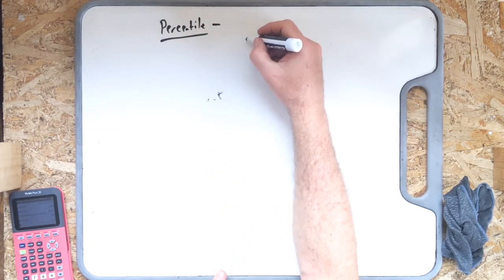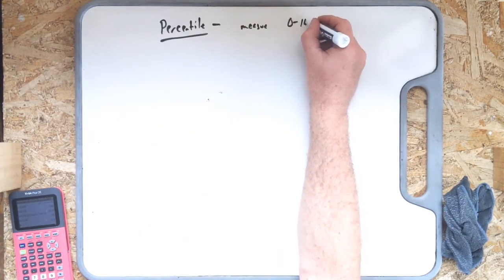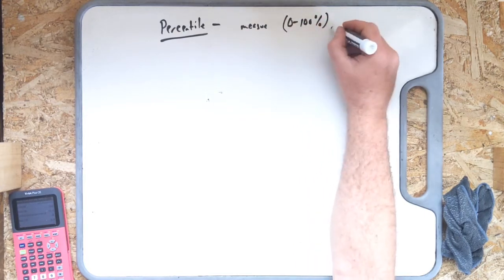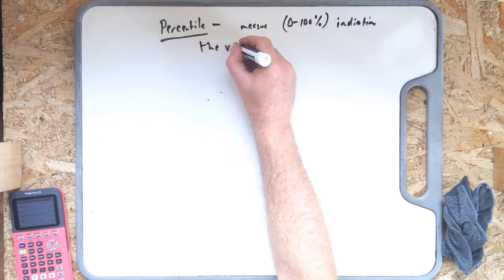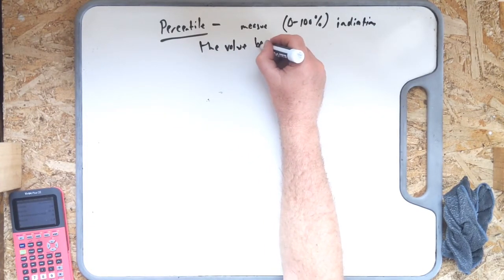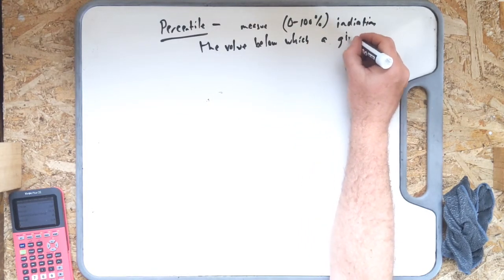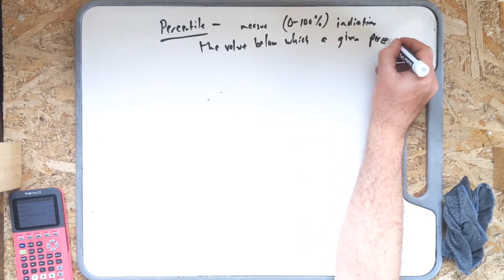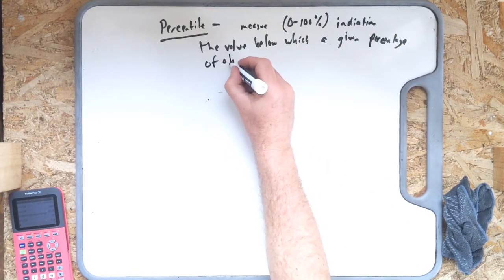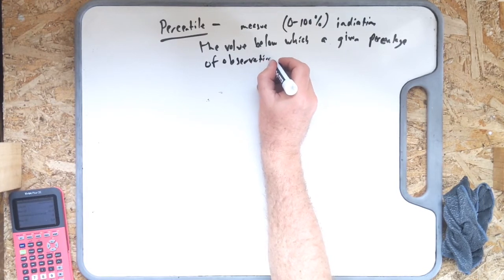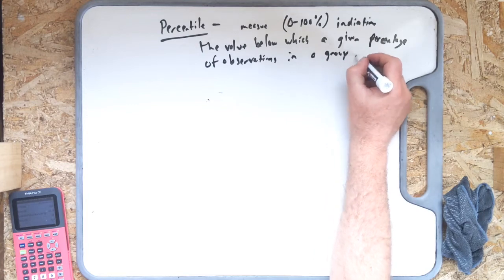So percentile is a measure, measured from 0 to 100%, indicating the value below which a given percentage of observations in a group fall.